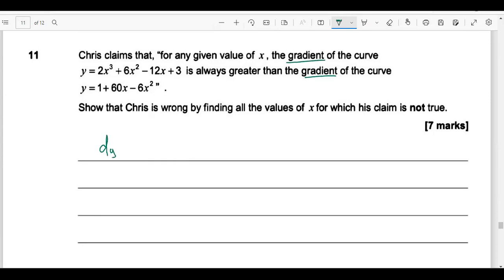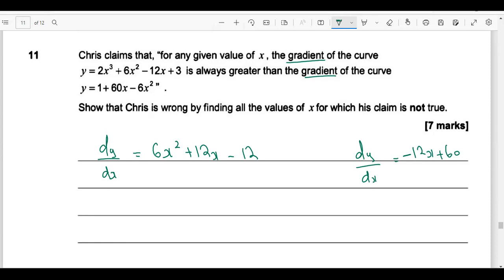So dy by dx of the first curve would be 6x squared plus 12x minus 12. This would be the first one. And the second one would be minus 12x plus 60. Right? Okay. These are the two gradients.